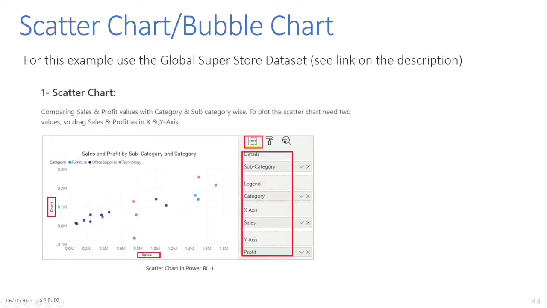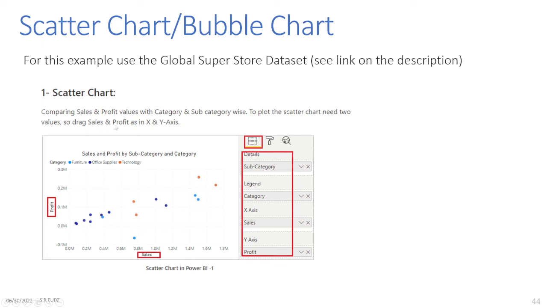For this example, use the Global Superstore dataset. Again, I'll be providing a link in the description of this video. And then a scatter chart, comparing sales and profit values category and subcategory wise. So to plot the scatter chart, we need two values.